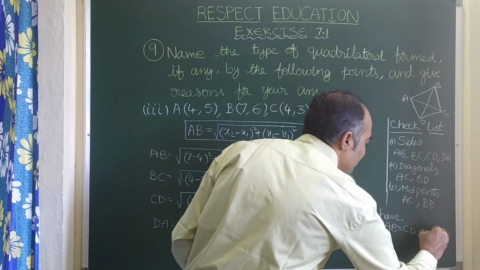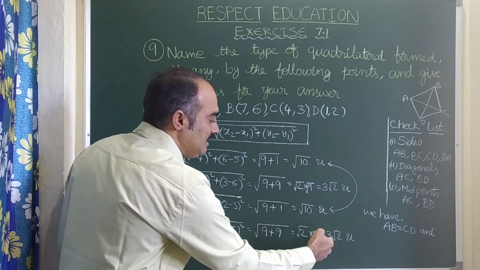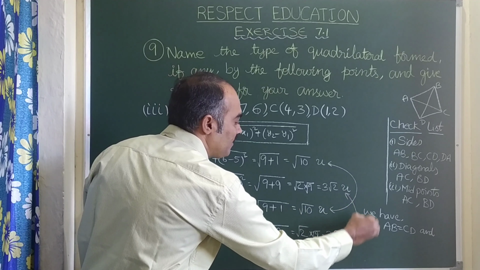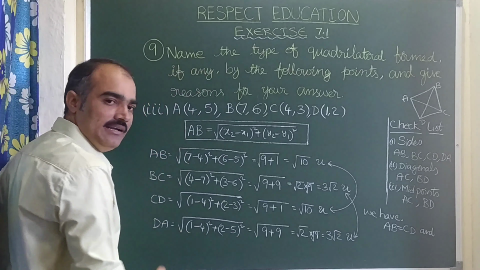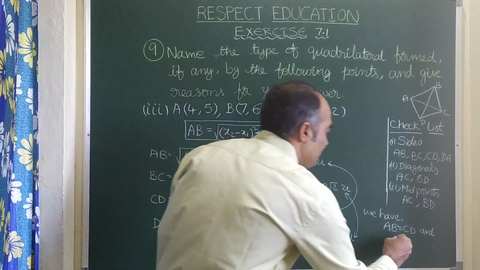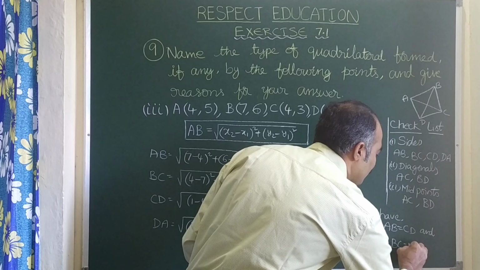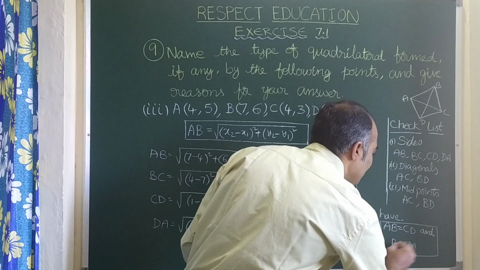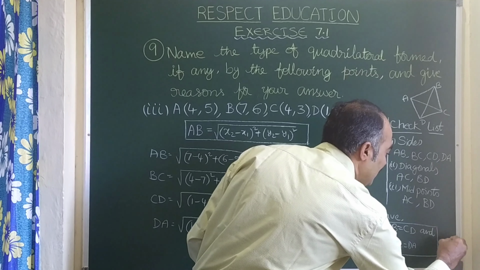And here you see this is 3 root 2, this is 3 root 2. These two values are also equal. This 3 root 2 is DA, this 3 root 2 is BC. So BC is equal to DA. So let us take this as equation number 1.